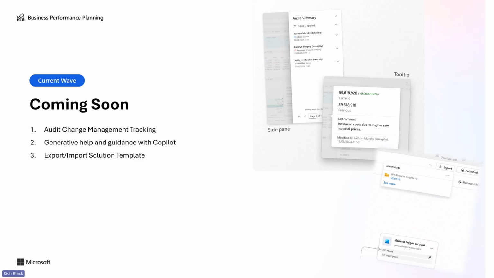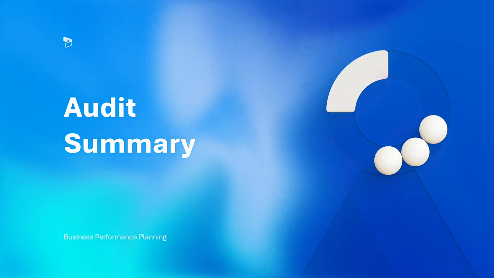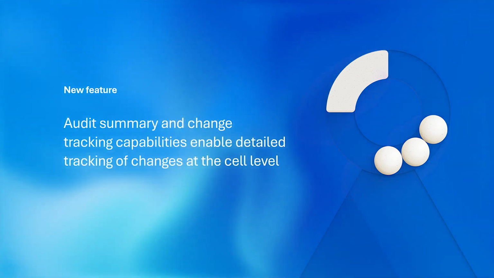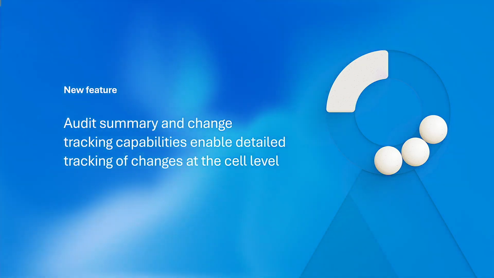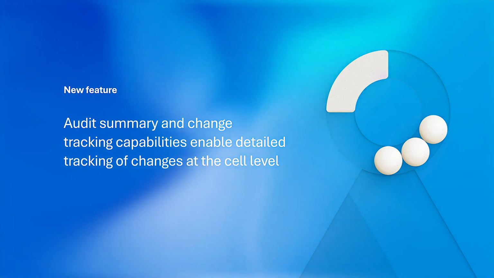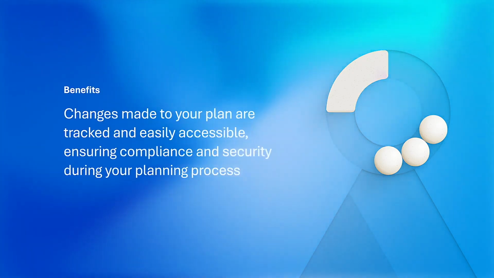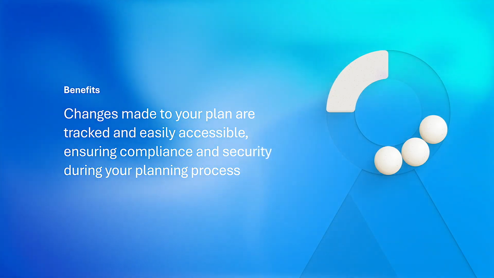And now I want to show you a quick video of our audit change management tracking capabilities. So yes, we have feedback from our customers that we need to help you track all of the changes that happen to the cube, especially during the budget and forecast process, to help you understand more what's going on.